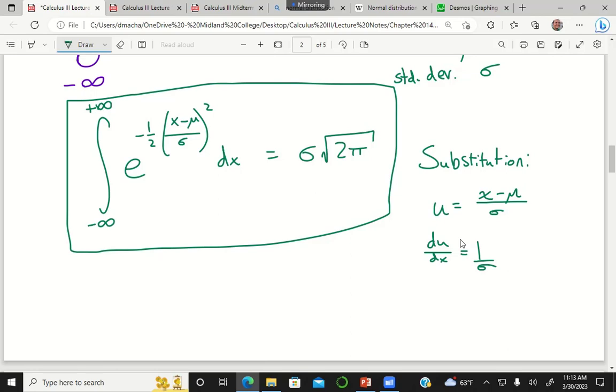And so that means that dx can be replaced by sigma du. And so I could rewrite this integral in a little bit simpler way as e to the power negative 1/2, oops, it's supposed to be a half, negative 1/2 u squared times sigma, which is just a constant, du.